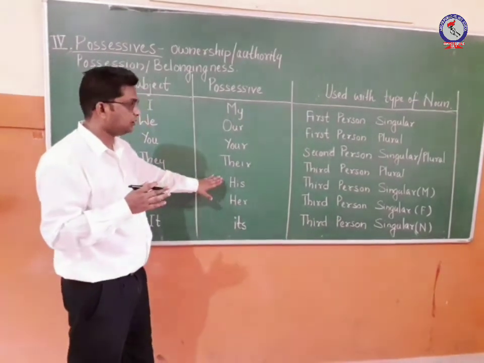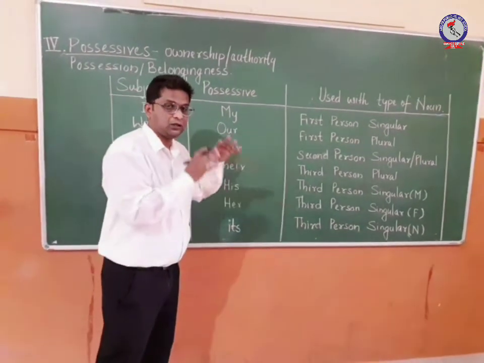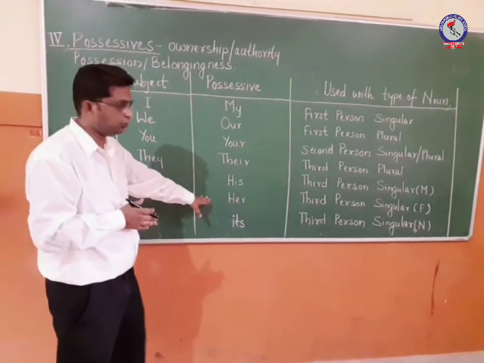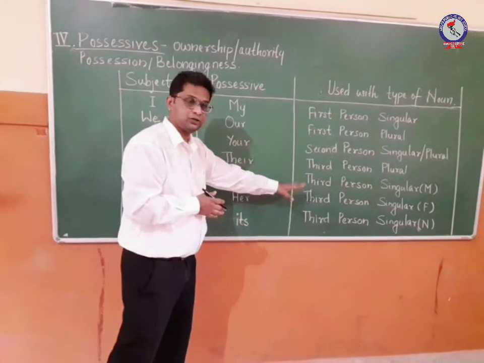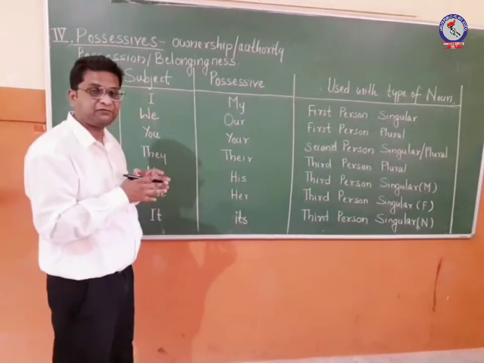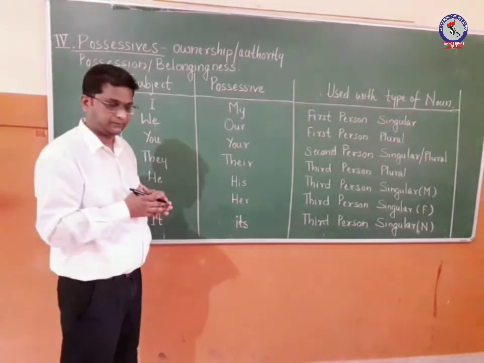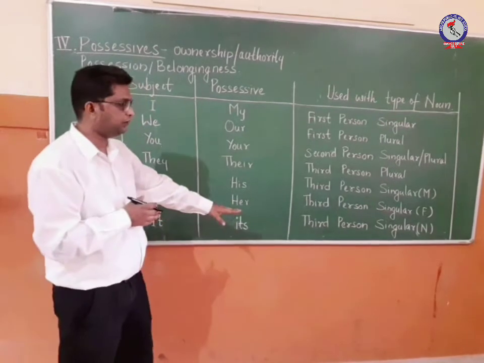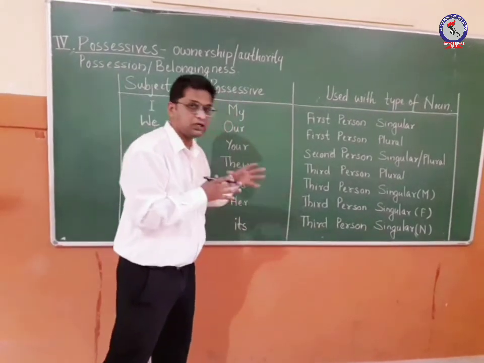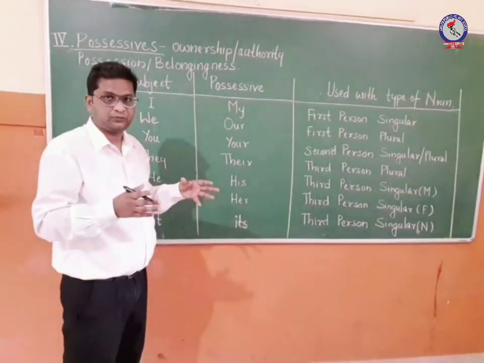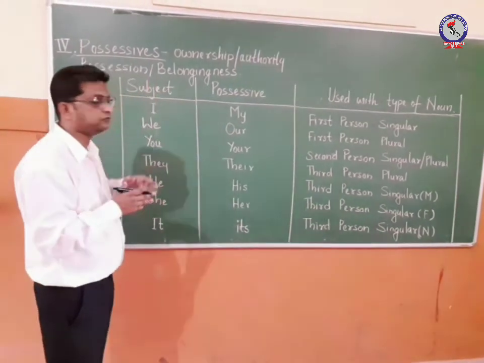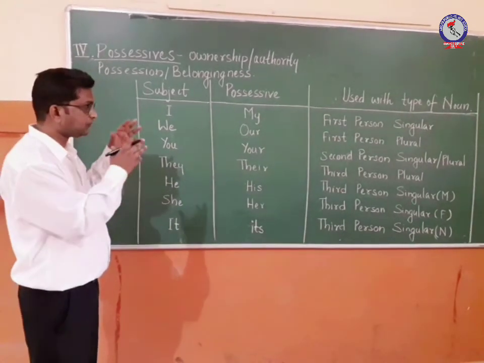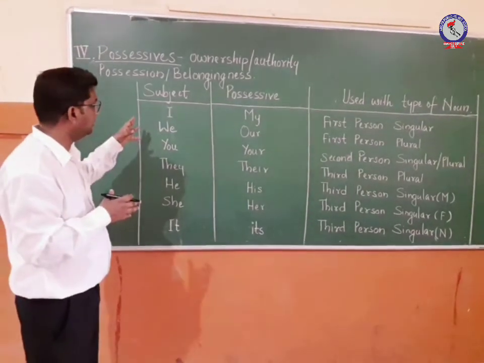Her will be used for third person singular, and it refers to feminine. And lastly, its will be used for third person singular neuter. That is the use of possessive determiners according to the types of the noun and the subject.